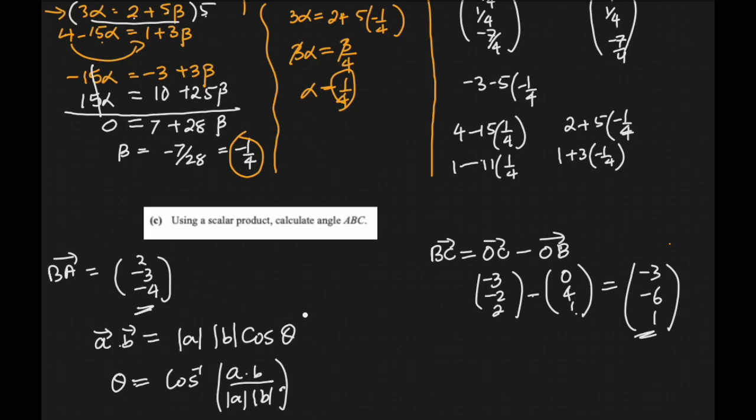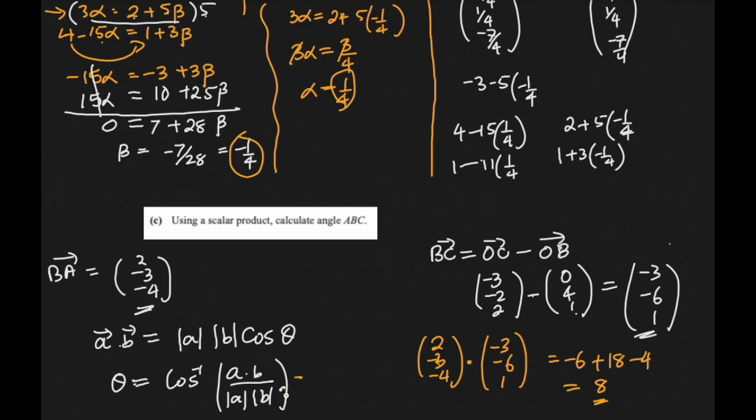Let's find the dot product first of these two vectors. 2, minus 3, minus 4 dot minus 3, minus 6, 1. So the dot product will be 2 times minus 3, minus 6. Minus 3 times minus 6 is plus 18. Minus 4 times 1 is minus 4. Minus 10 plus 18, that is 8.